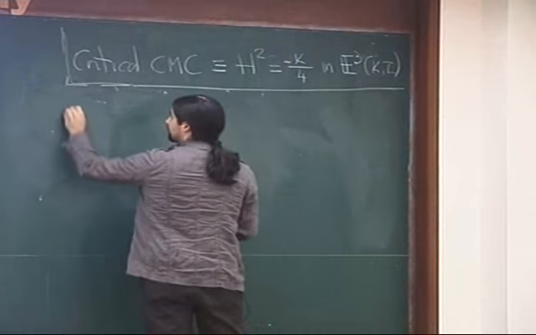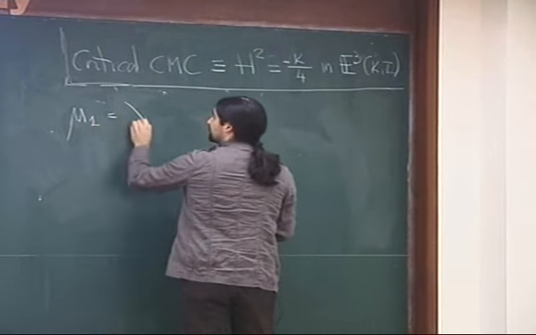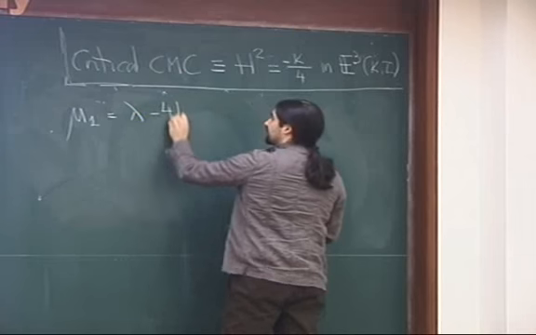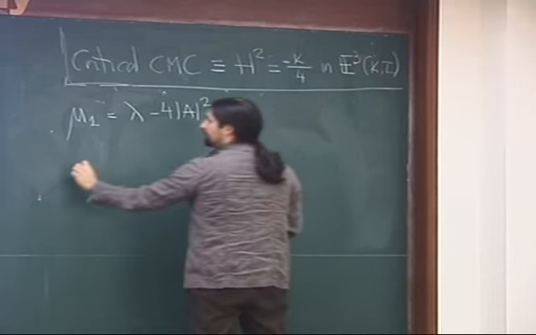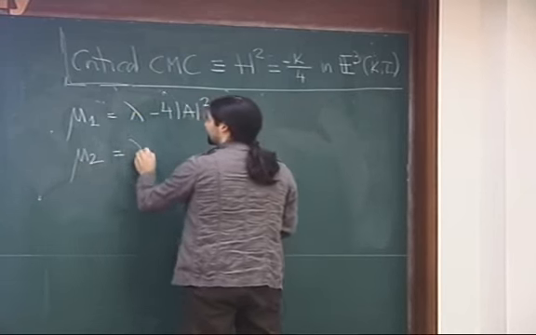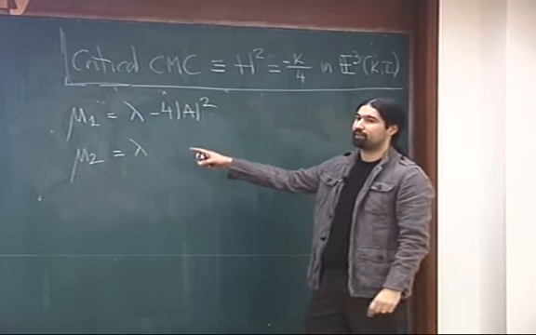So it turns out that you have two different eigenvalues: mu1, which is lambda minus 4 times a squared, and mu2, which is lambda.